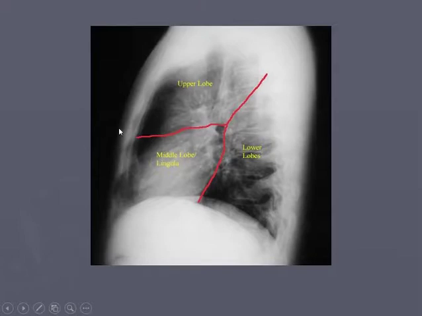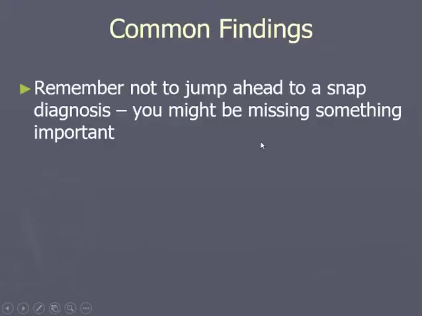So we're making our shadow puppets with light coming through here, so it can go through multiple layers of tissue. And if we have like a pneumonia right here, well, where is it? Is it in the upper, the middle, or the lower? This is how we determine where in the lungs it is, by the side view. Remember not to jump ahead to a snap diagnosis, because you may be missing something.